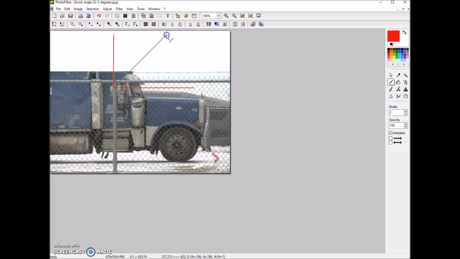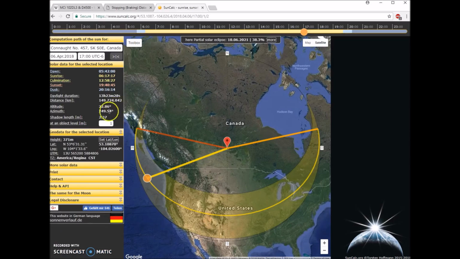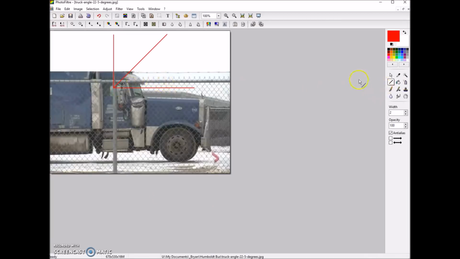I can also hold shift and get 45. So what we have to do to get, what was it, 22.86? Pretty close to 22.5. What we have to do is bisect. So, and I'm just eyeballing this. I don't know.